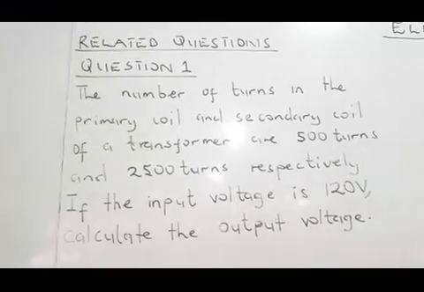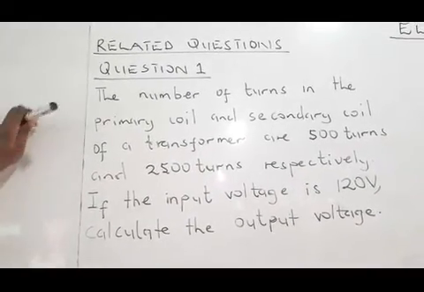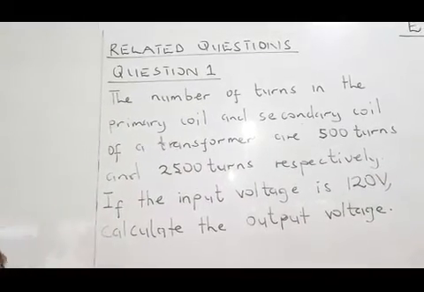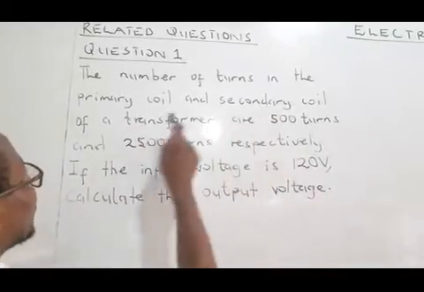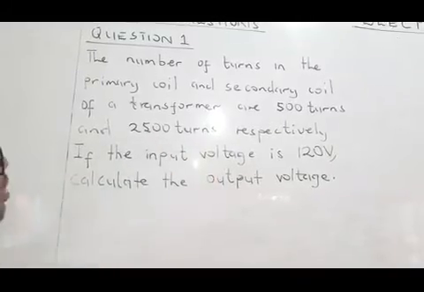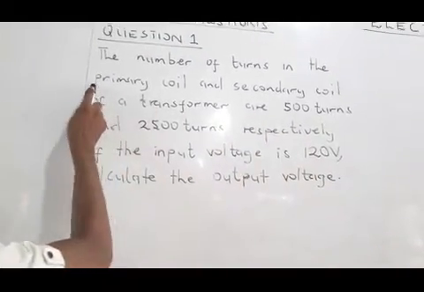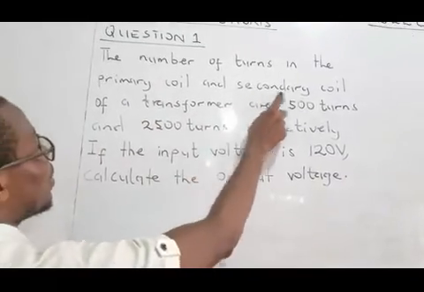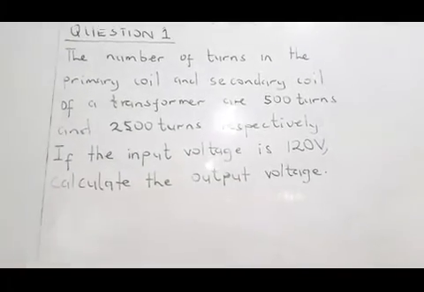So from the question, we have 3 sets of information: the number of turns in the primary coil and the secondary coil, as well as the input voltage. Respectively here means that the 500 turns is for the first one, the primary coil, and the 2500 turns is for the second one, the secondary coil. And then we also have the input voltage.